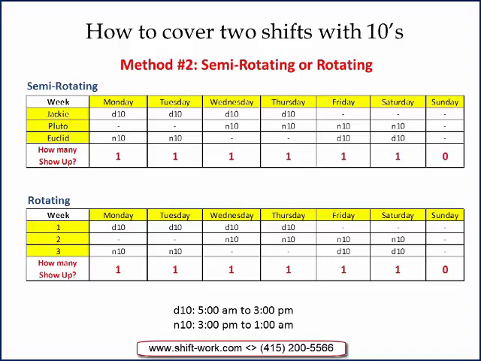Then we're off Friday, Saturday, Sunday. We rotate down to week 2, and we're off Monday, Tuesday. Now we're going to come to work on nights, and we work Wednesday, Thursday, Friday, Saturday nights. We're off on Sunday. We go down to week 3. We work Monday and Tuesday nights. We're off Wednesday, Thursday. Then we work Friday, Saturday, day shift. We're off Sunday, and we rotate back up to week 1. So in this example, everybody is rotating.